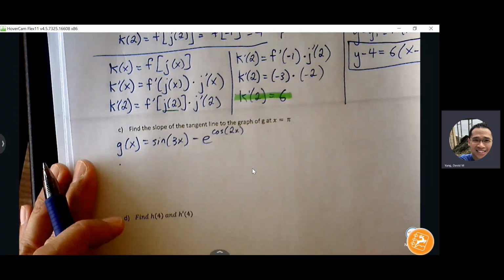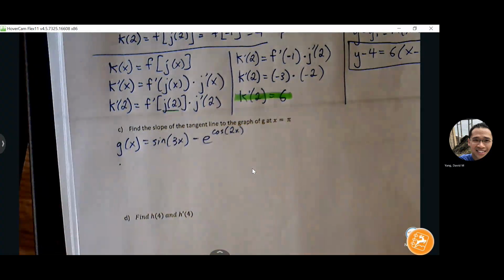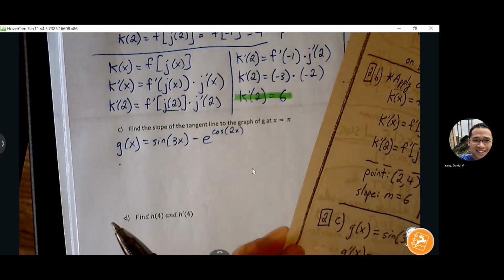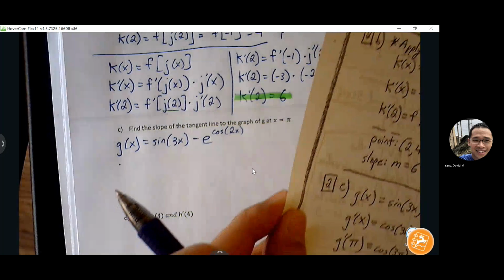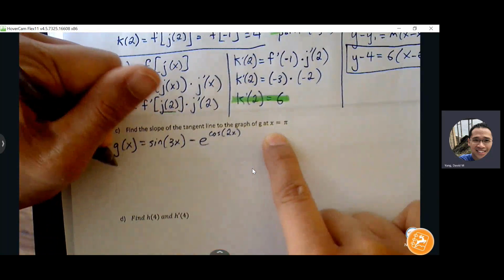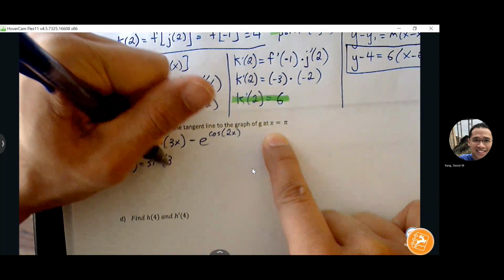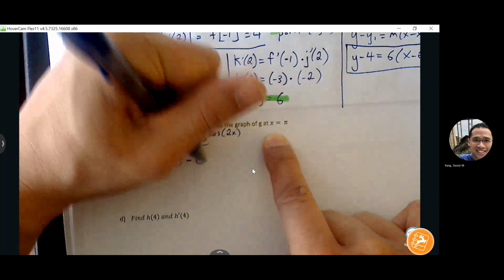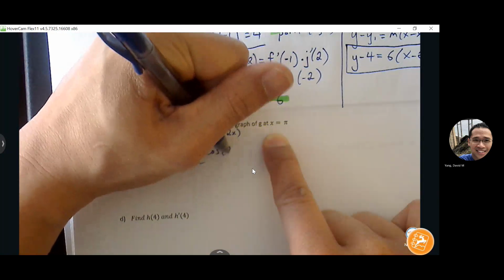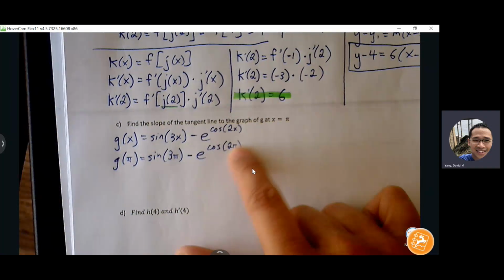Well, hold on, let me see. Yeah, so we're going to replace x with pi. Sorry, yeah, cosine 2 pi.